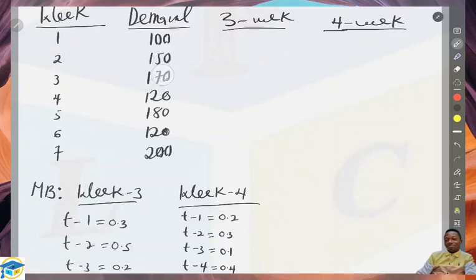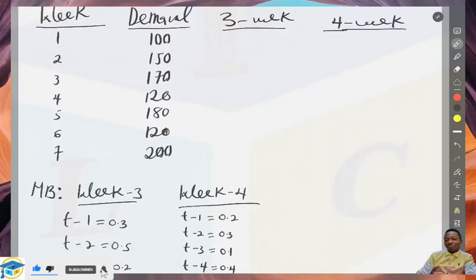Likewise, week 2, and likewise week 3. So the only week that we can forecast is week 4, because for week 4 we can get 3 weeks of data, which is week 3, week 2, and then week 1, to use to forecast for week 4. So let's take note of that.